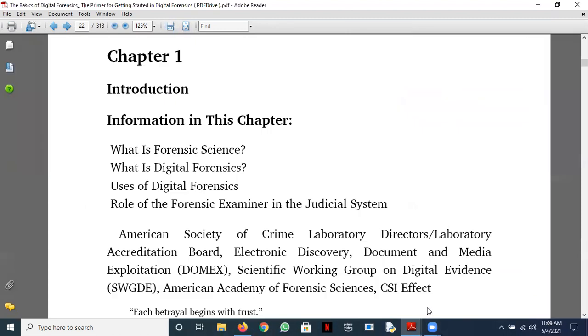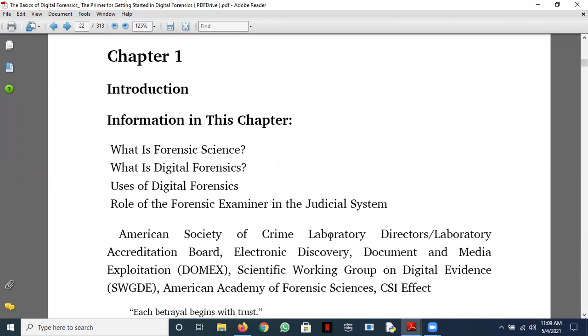I think this is the book that we are talking of, The Basics of Digital Forensics, the primer. The first chapter obviously is what is forensic science, what is digital forensics, and where do we use this? What is the use of digital forensics? And the role of the forensic examiner in the judicial system.